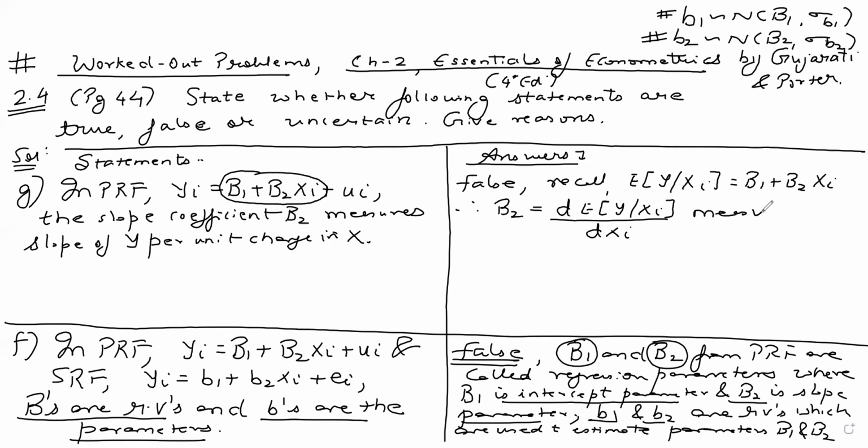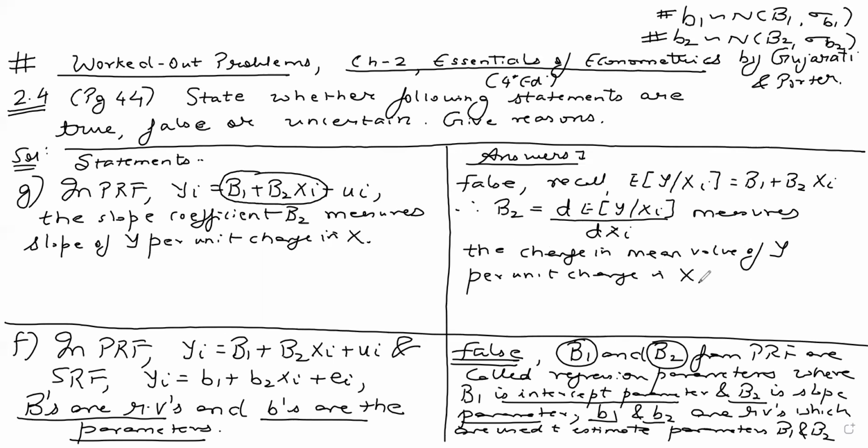So b2 measures the slope. It measures the change in the mean value of y, not only value of y, mean value of y, per unit change in x. So this is my correct answer.